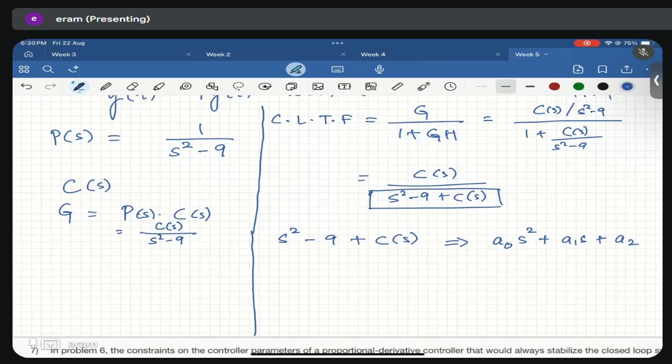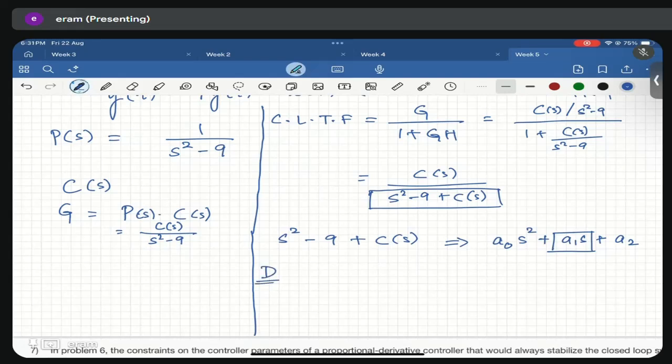So we have to incorporate s into the system, which is a kind of differentiator, right? How can we introduce s into the system? Using some kind of differentiator. The first option we can have is to use a derivative controller.